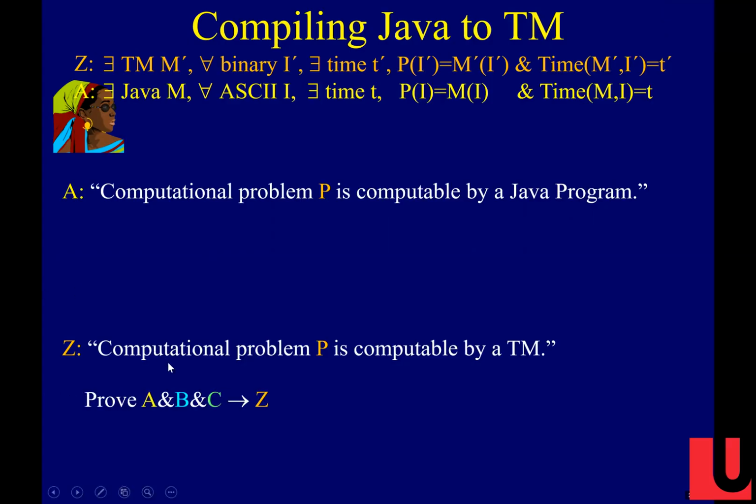What are we going to try to prove? We want to prove that if A is true and a bunch of things that are useful are true, then Z will be true. We're trying to prove that if a computational problem is true for a Java program, then a computational problem will be true for a Turing machine, right?